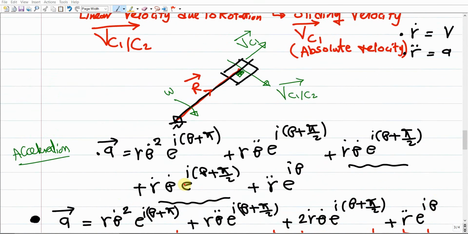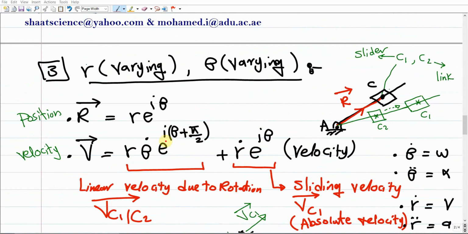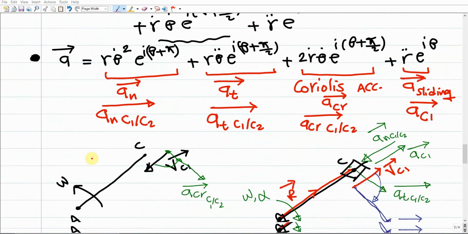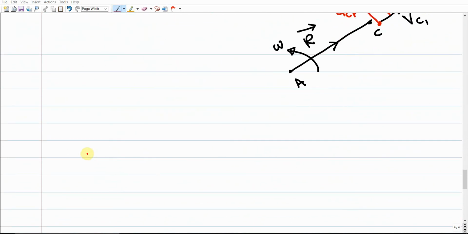So, as we did before in the position analysis, we do have a different form for this exponential term. Here we are differentiating the exponential term because this is the easiest way. But we agreed before that this exponential form of the position vector can be rewritten in a different form.